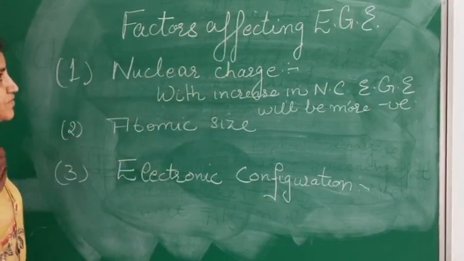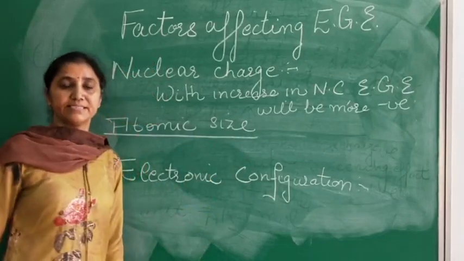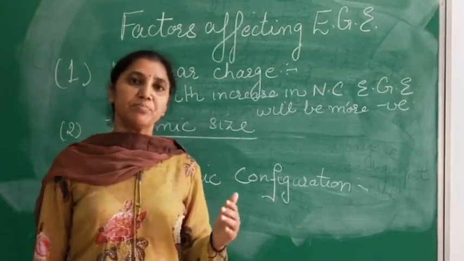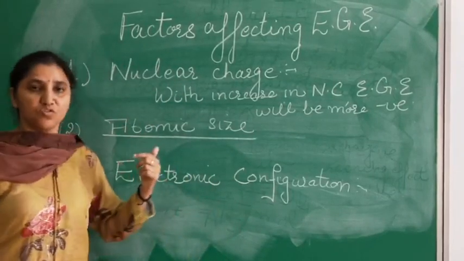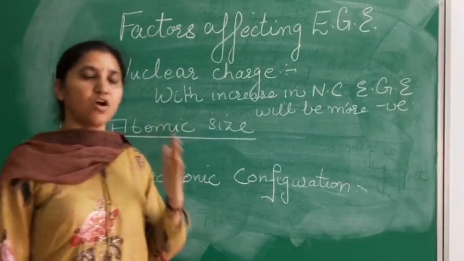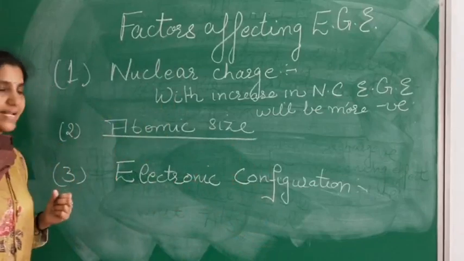The second factor which affects the electron gain enthalpy is atomic size. With increase in the atomic size, the attraction between the incoming electron and the nucleus will decrease. So the incoming electron will not be accepted with that ease as in the case of a smaller atom.